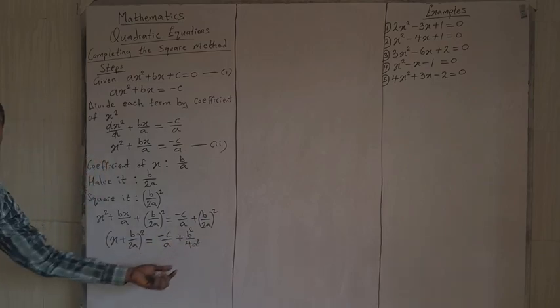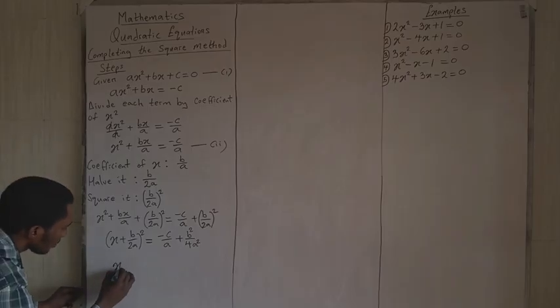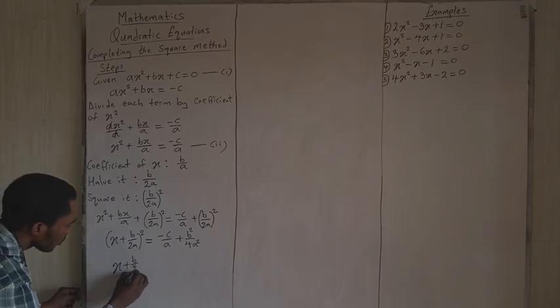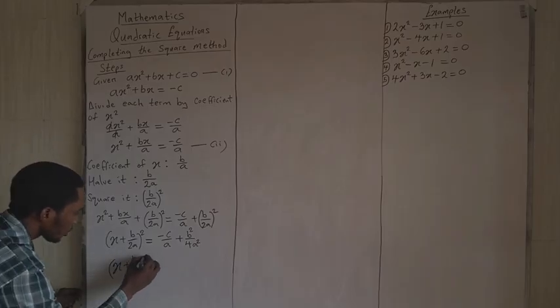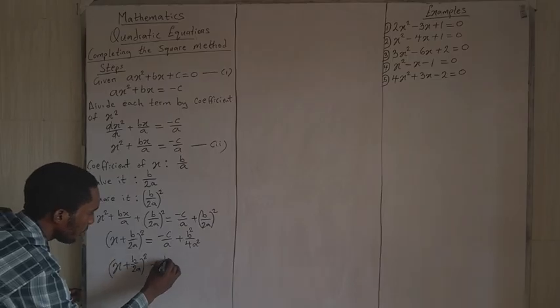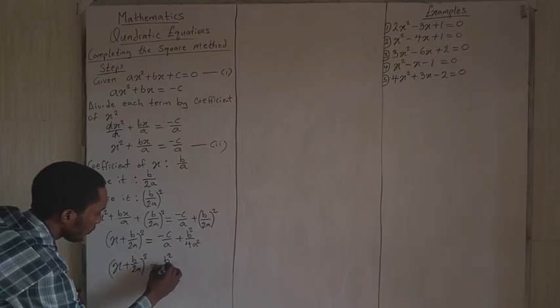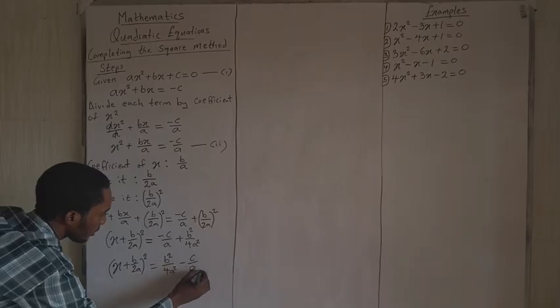We can rewrite this as (x plus b over 2a) squared is equal to b squared over 4a squared minus c over a.